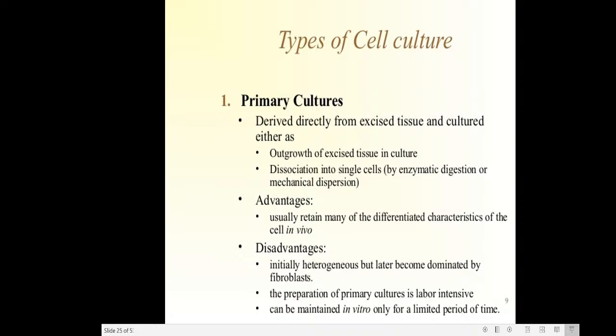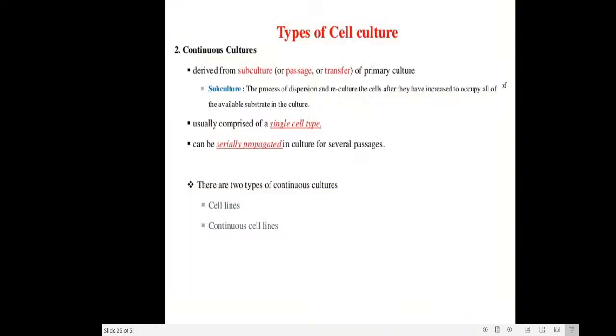It is just an outgrowth, derived directly from the existing tissue. The continuous culture is a subculture after the primary culture: we take the primary culture and cultivate it in another, fresh medium. That is the subculture.